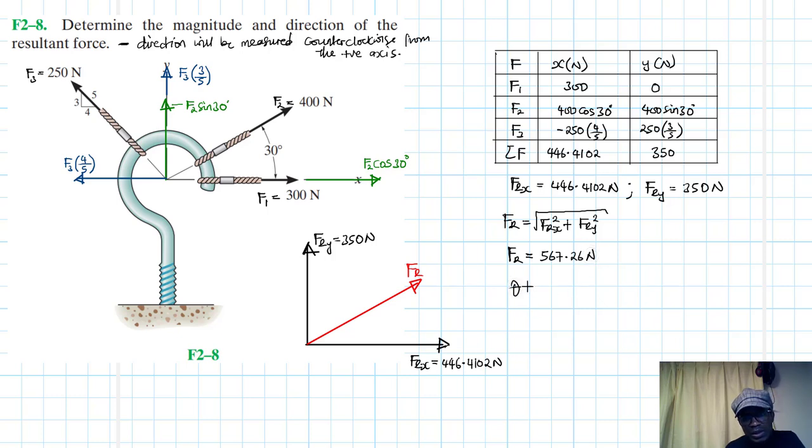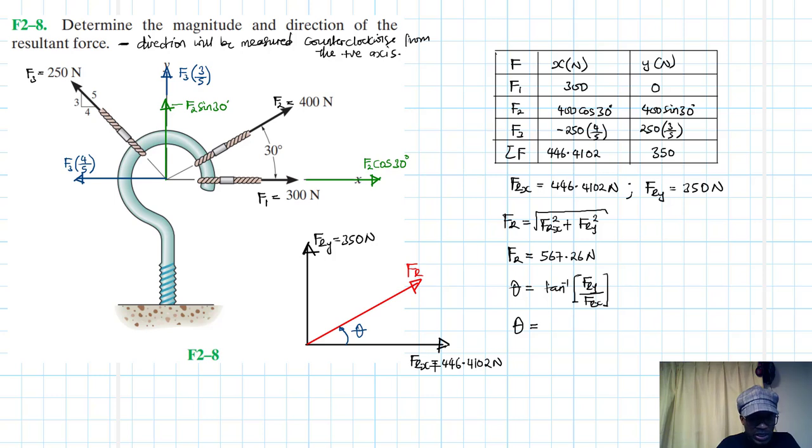Right, theta is just going to be equal to tan inverse of FRY divided by FRX. Okay, and this is our angle here, which is just theta. So therefore theta is just going to be equal to tan inverse of FRY, which is 350, divided by 446.4102.